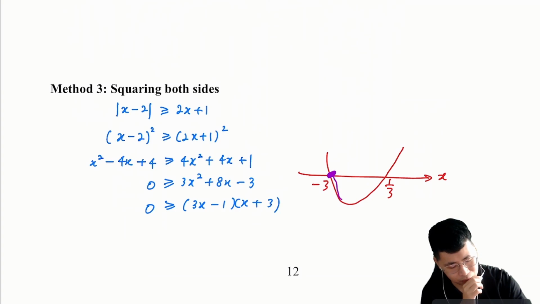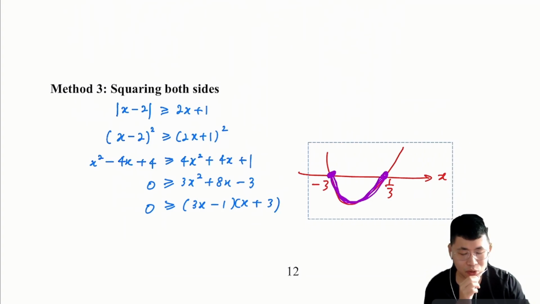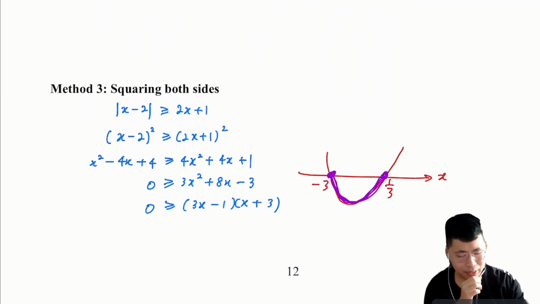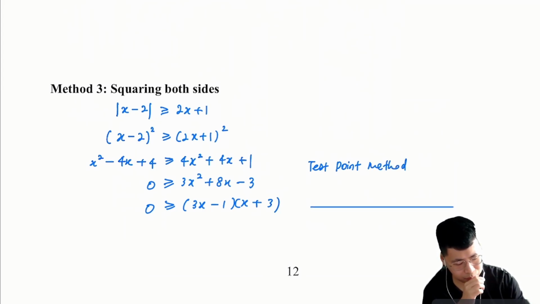But especially for this kind of expression, we have to pay attention to the solution. Even when we want to solve the equation, we need to check. So instead of using this method over here, we need to deploy the test point method for the original modulus inequality over here.